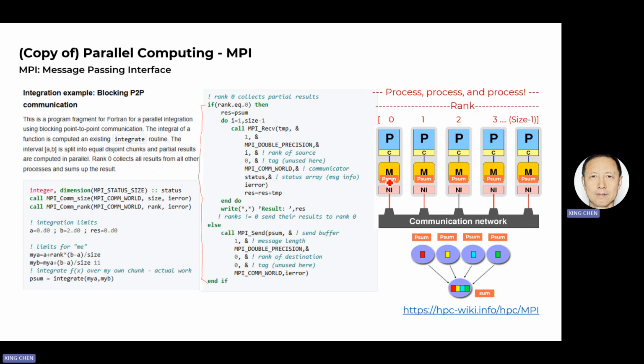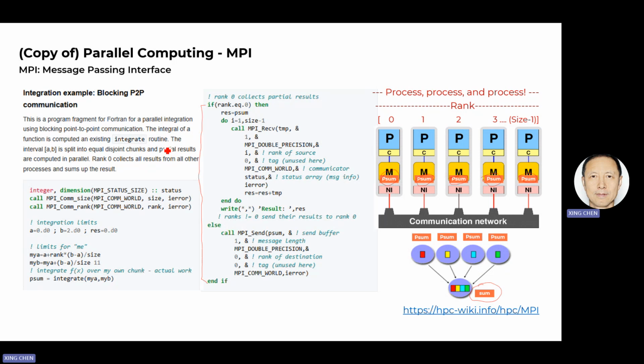The result will be put in a variable which is called psum. So you have as many psums as your number of nodes. If you are using 64 nodes, you are going to have 64 psums. You need to sum these psums up to have the final sum.